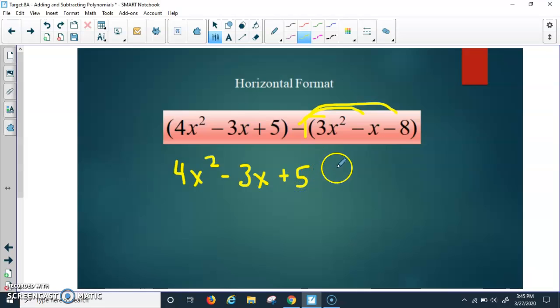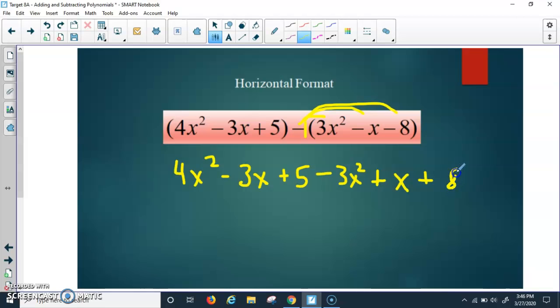Now, the second polynomial you've got to be a little careful with. You take this negative 1 times a positive 3x squared, that's negative 3x squared. Take this negative 1 times negative x, that's a positive x. Notice how all of the terms in the second polynomial are changing sign. A negative 1 times a negative 8 is a positive 8.